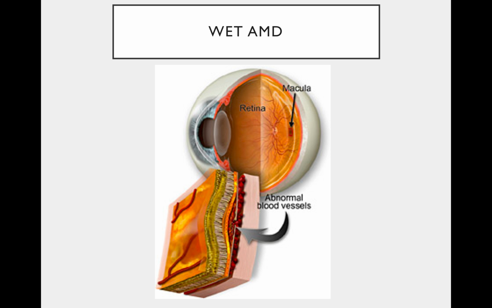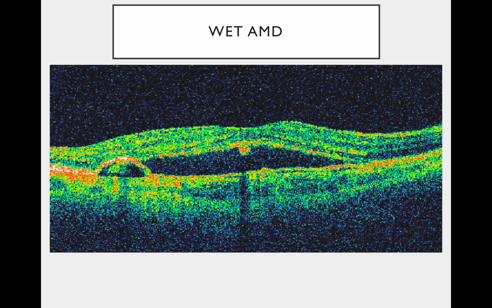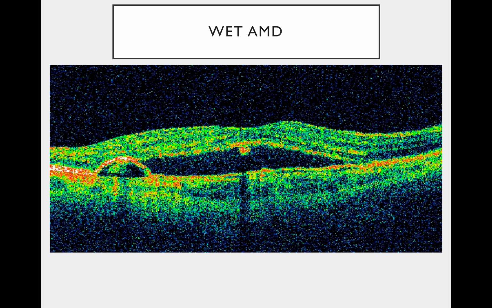With wet macular degeneration, one develops abnormal blood vessels underneath the retina. These vessels can cause leaking and bleeding near the center of vision. OCT showing subretinal fluid as well as a dome-shaped pigment epithelial detachment on the left side of the scan.